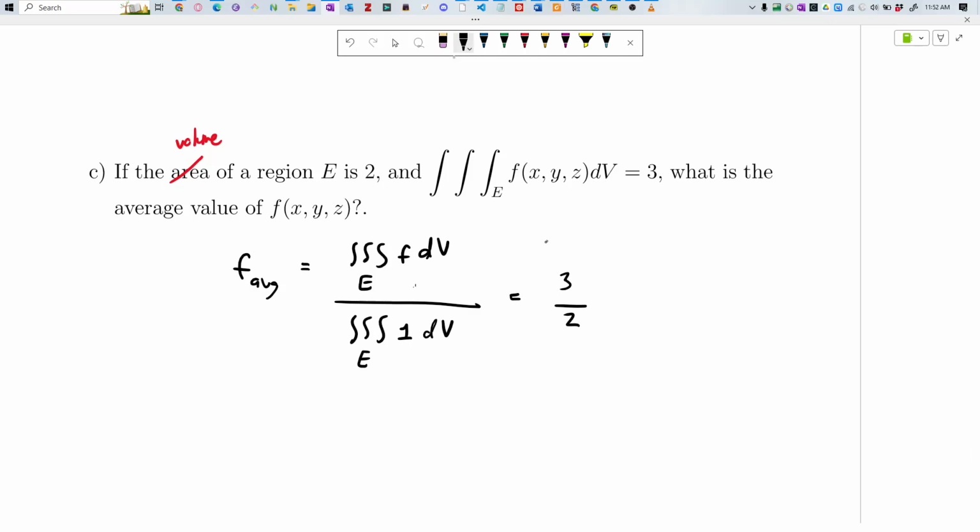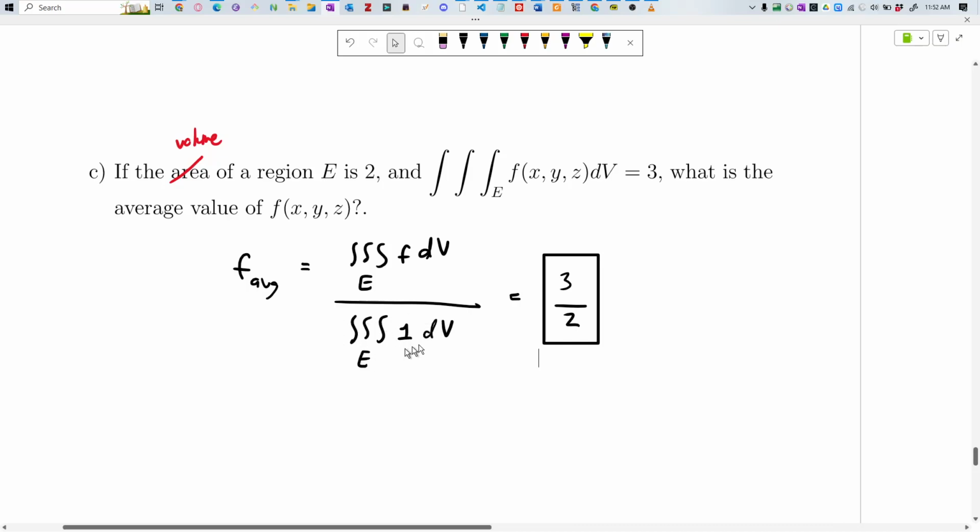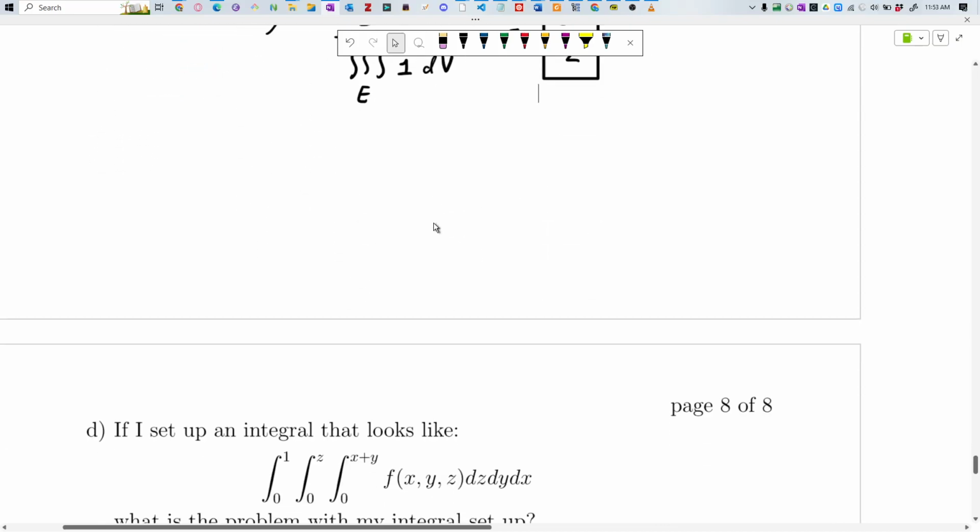To answer this, you should write down the definition so that it's abundantly clear what you're doing. You're not just randomly sticking numbers together into a fraction. You actually know it's the integral of the function divided by the volume. Okay.